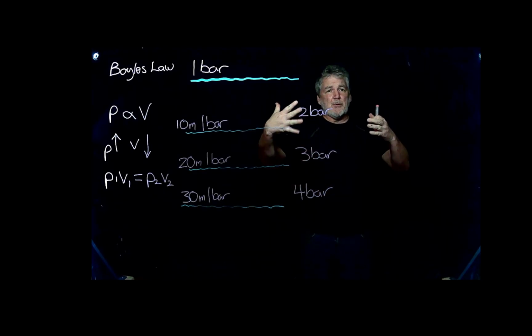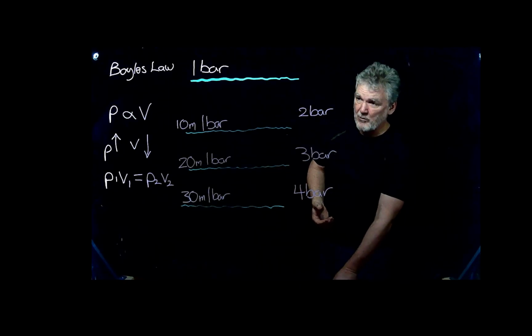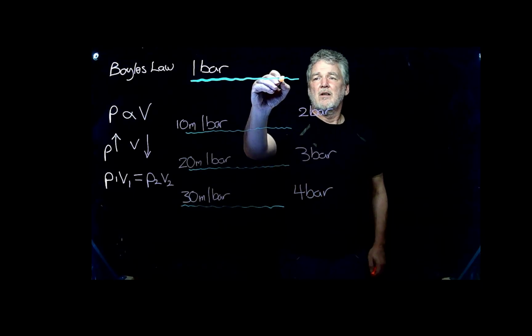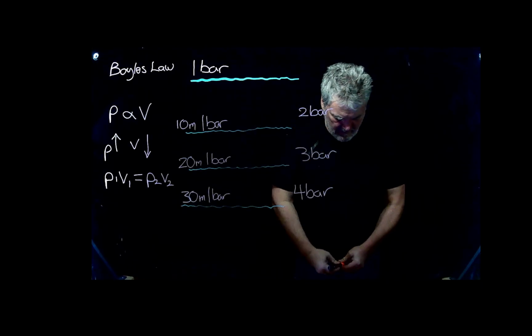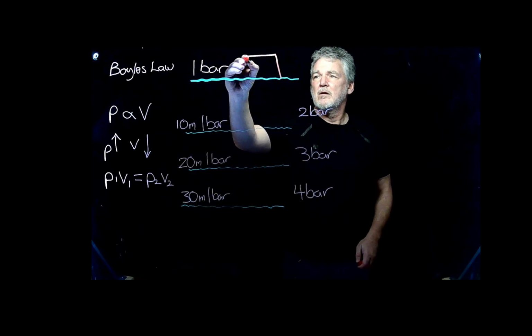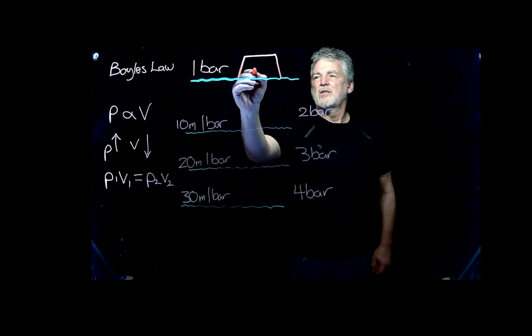So as we go deeper, the pressure increases. Now how does this affect us according to Boyle's Law? So if we were to take a bucket at the surface, and this bucket has 4 liters of air in it.